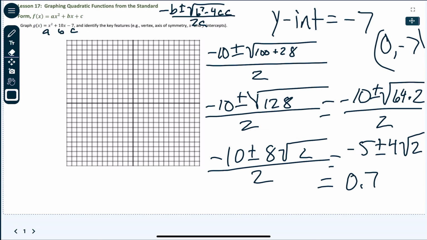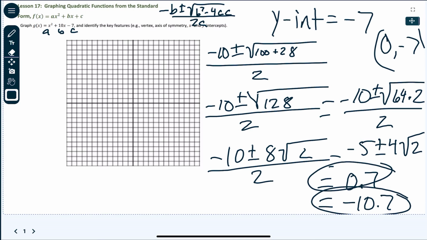It's actually 0.65668524292, and so on. So we'll go with this one. And then we have negative 5 minus 4 square roots of 2, and we get negative 10.7. So there's our two x-intercepts. So now we have our y-intercept and our two x-intercepts.